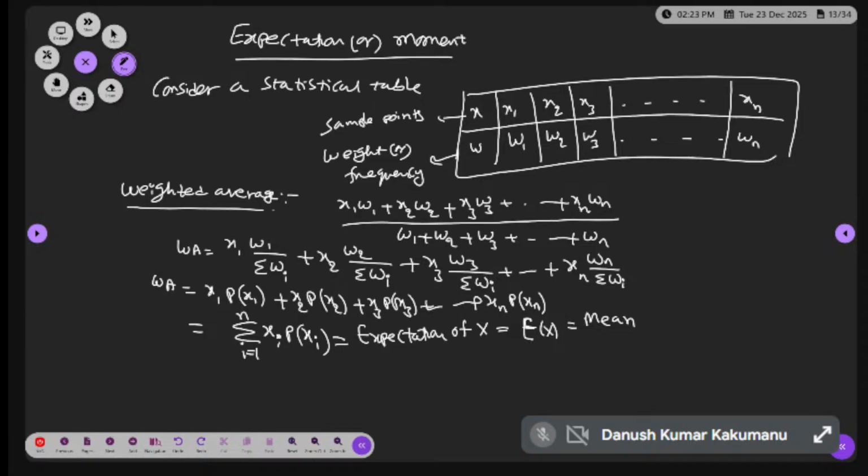If you take the squares of sample points, what happens here? You will get the E of x square. Just write down, after copying this, what is the expectation definition? Write down one definition. Another name of the expectation is called mean.